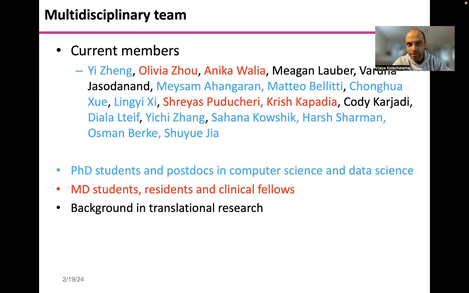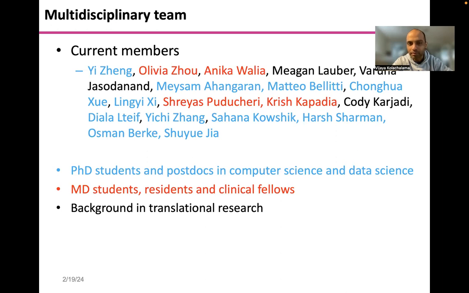As you can see on the screen, we have a variety of students and postdocs with various backgrounds, some of them getting their PhDs in computer science, and some who are postdocs working at the multidisciplinary level.